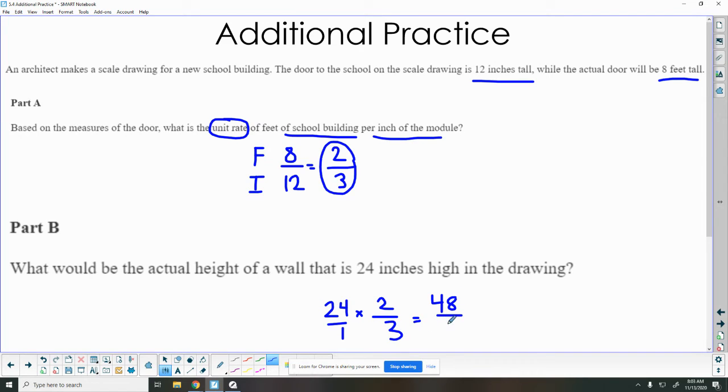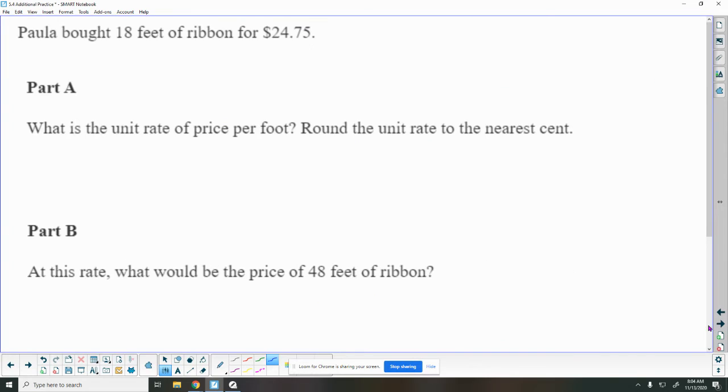And 1 times 3 is 3. So if you finish that problem there, 48 divided by 3, that will tell you the actual height of a wall, because our model is 2/3 of the actual thing. So if this is the picture, then we can use 2/3 of this, which is to multiply, and figure that problem out. So I'll let you do that part.